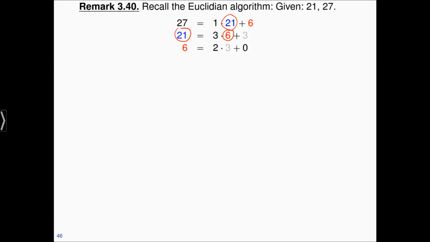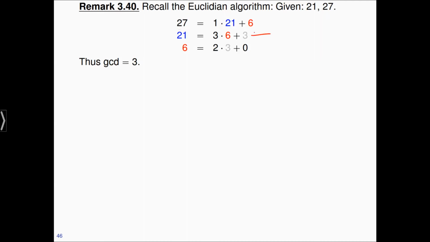The multiple here is 3, plus a remainder. And then you continue this way. You take this number here now, and you represent it with the help of this 3. So the multiple is 2 here, and in this case, you get remainder 0. Then the algorithm says that the last remainder that you saw is the greatest common divisor of the initial two numbers.